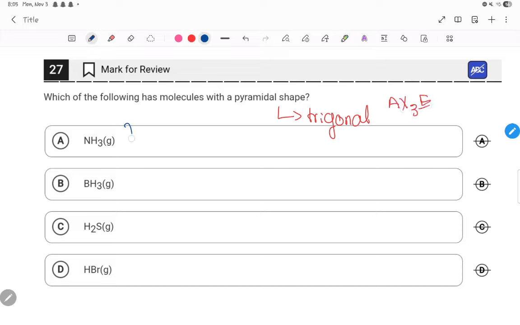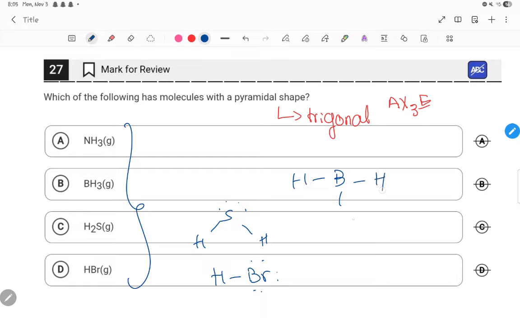HBr is like this. H2S is like this. BH3 is like this. And then NH3 is like this. So definitely, which one is AX3E? It's the NH3. So that means NH3 has a pyramidal shape.